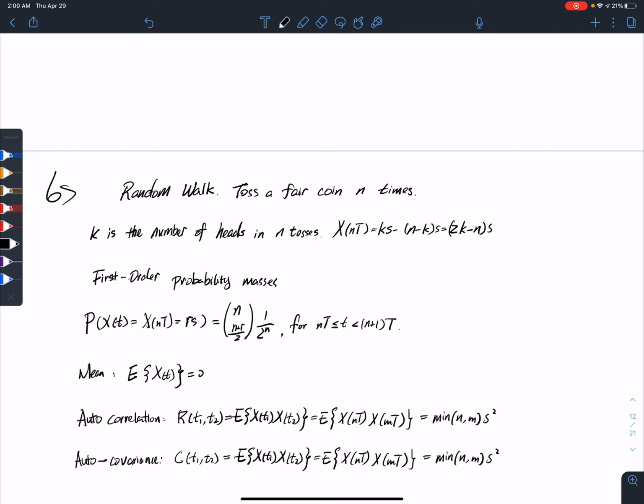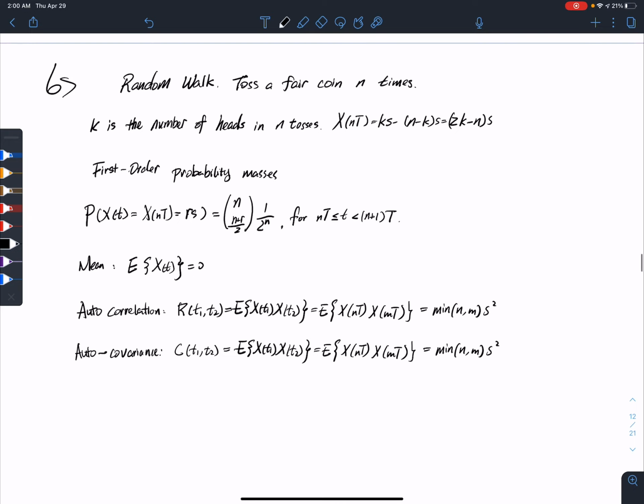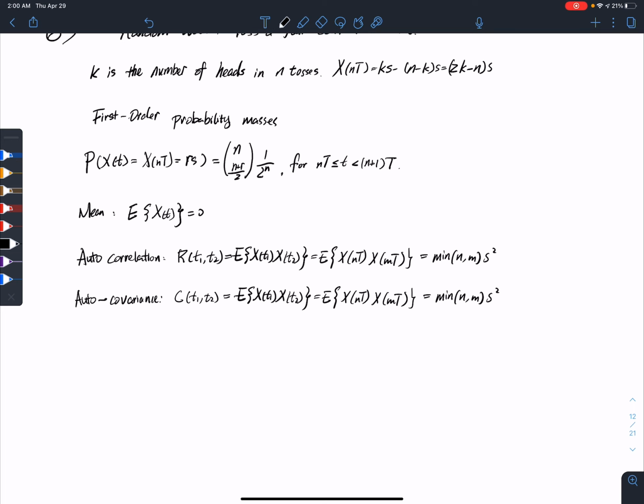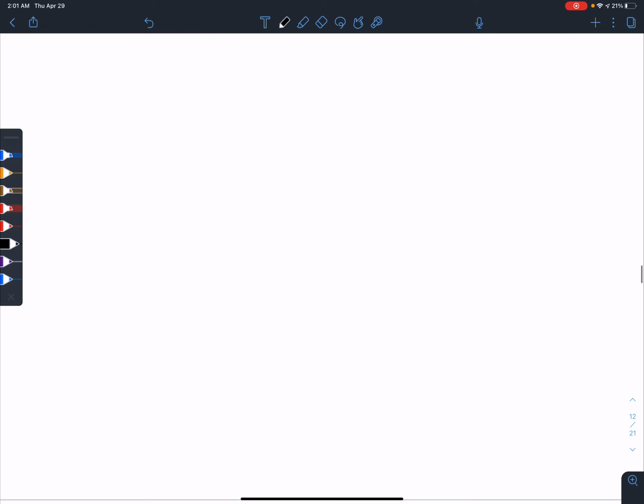The first order probability mass is probability of x(t) equal to rs is equal to the combination of n choose (n plus r)/2 times (1/2) to the power n, for nT less than t less than (n plus 1)T. The mean value is equal to 0. The autocorrelation is equal to min(n, m) times s squared. The autocovariance is the same.